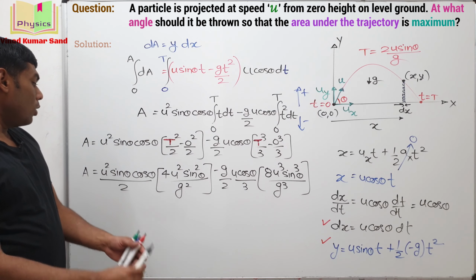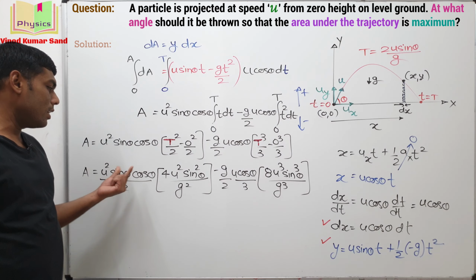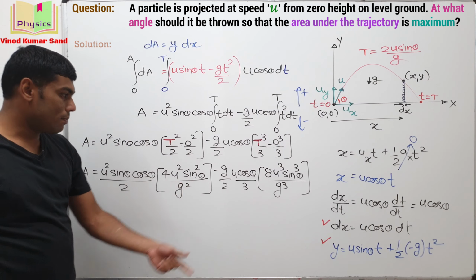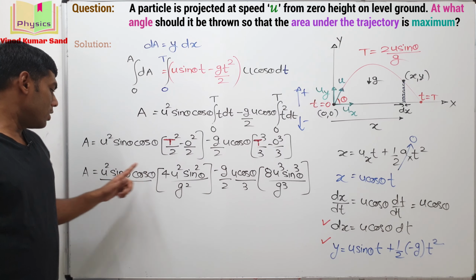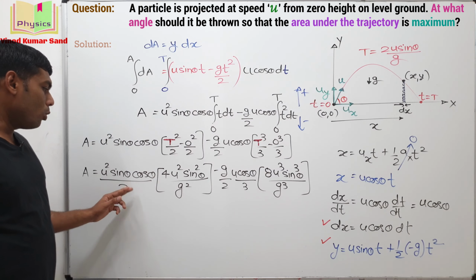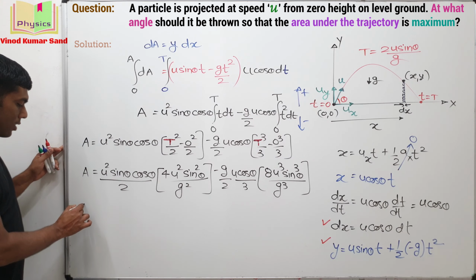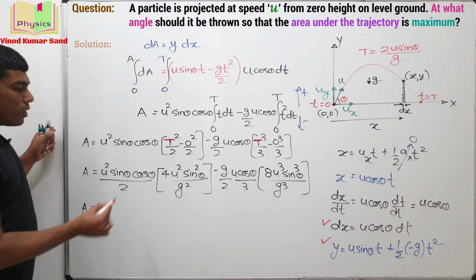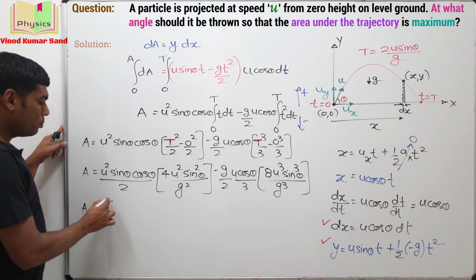Done. Now you can see something common in this expression. This sine theta and sine square theta will make sine cube theta. Here is also sine cube theta. G is present in both the expressions. So I am taking out a few parameters common. Just pay attention. So first of all, I am taking this u to power 4.